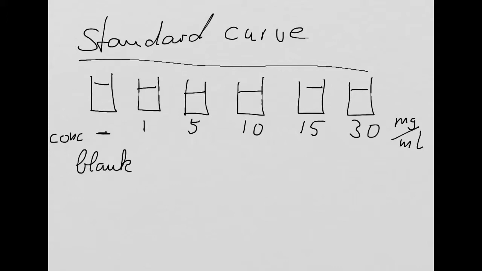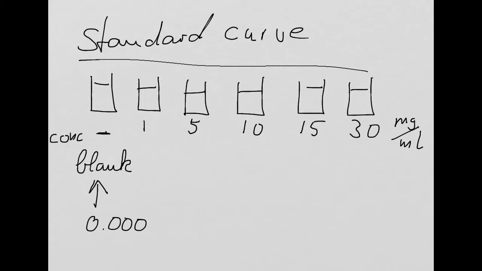You press a calibration button with the blank in, and the spectrophotometer should ideally show 0.000. And then you measure all the others.